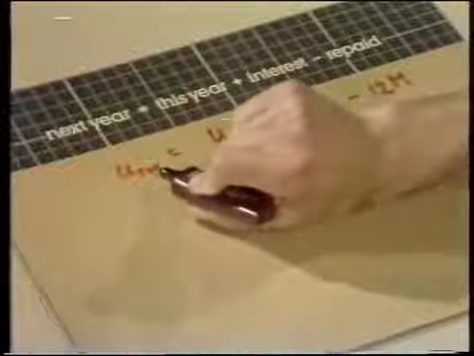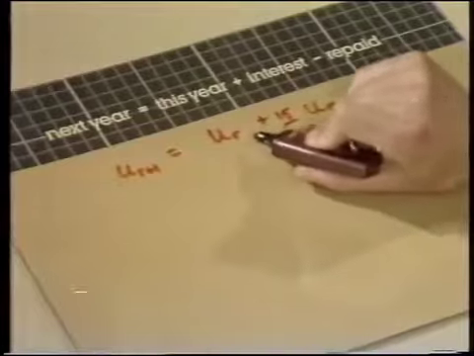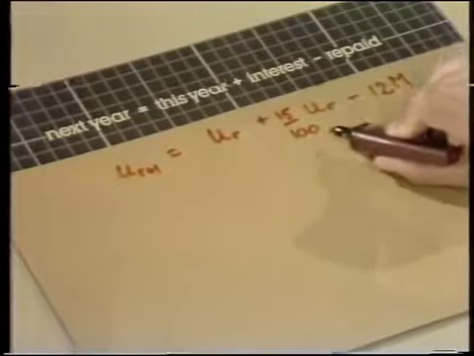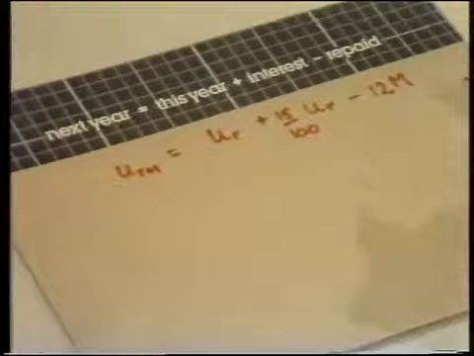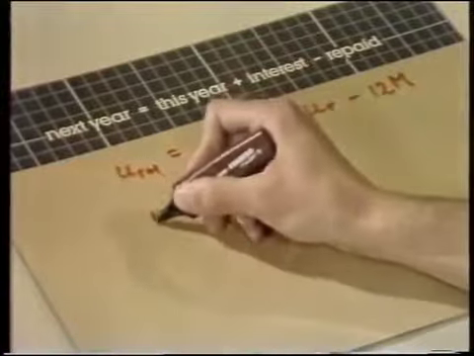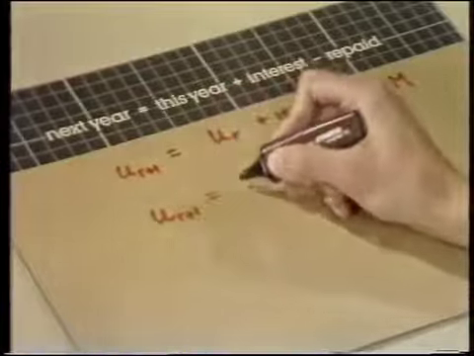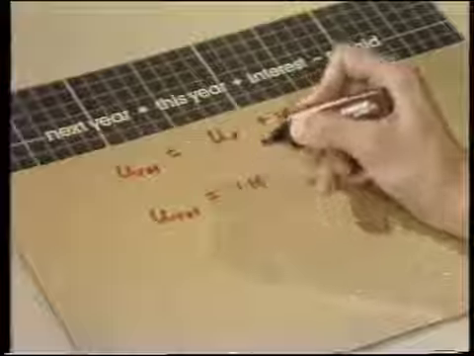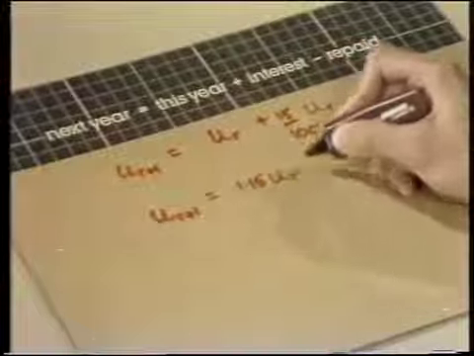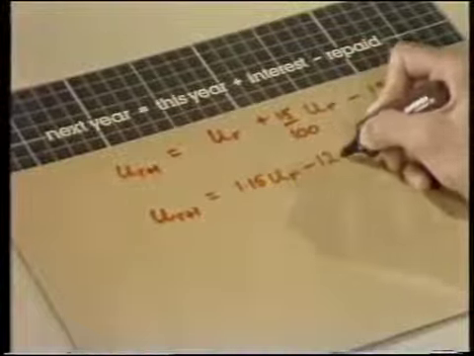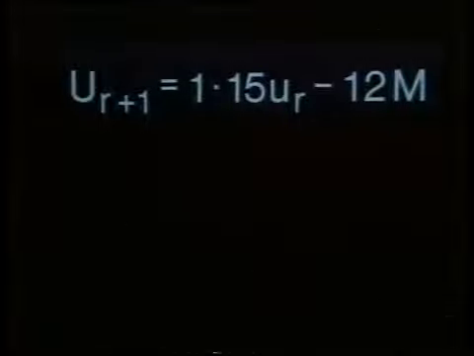And so we have the recurrence relation, U_(r+1) is equal to U_r plus 15/100 U_r minus 12M. And we can simplify this to write U_(r+1) is equal to 1.15 U_r minus 12M. And this is going to be the model for our problem.